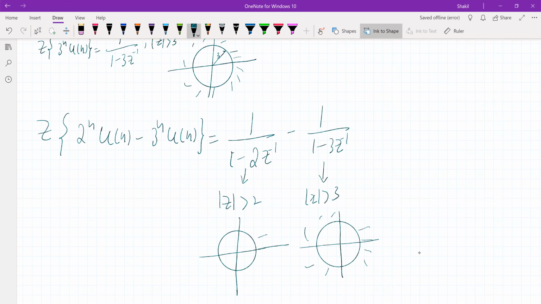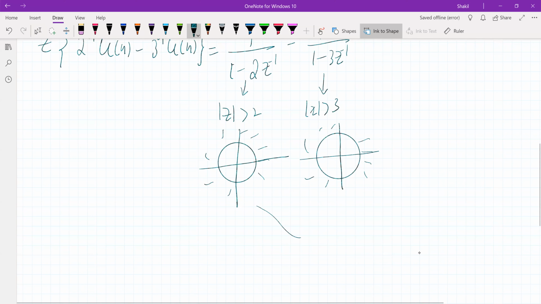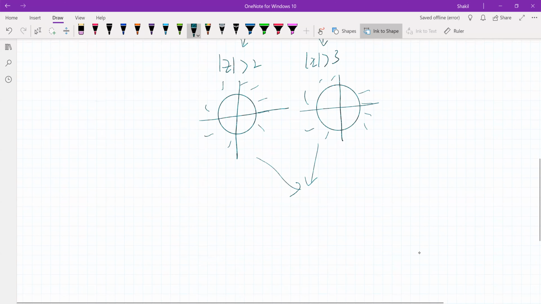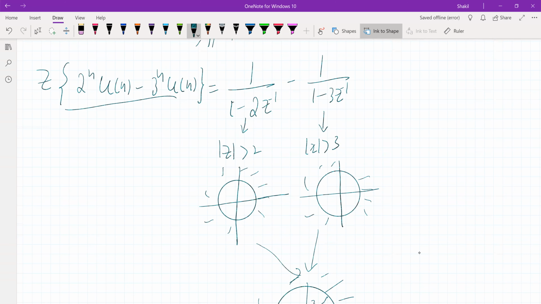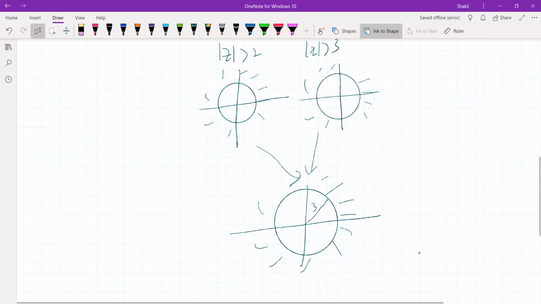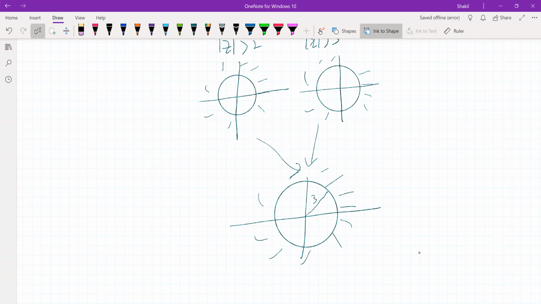So what's the common region? It will be simply the intersection between the two, and that will be outside the circle of radius 3. So the Z transform of this will be simply this if magnitude of Z is greater than 3. That's the common region between the two. Alright, so this is the first property.